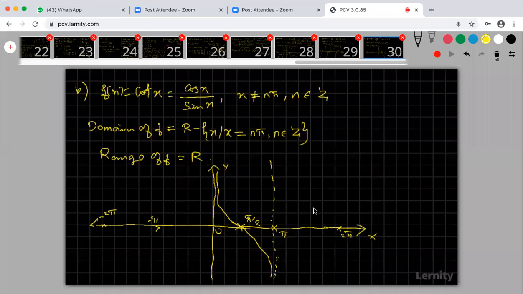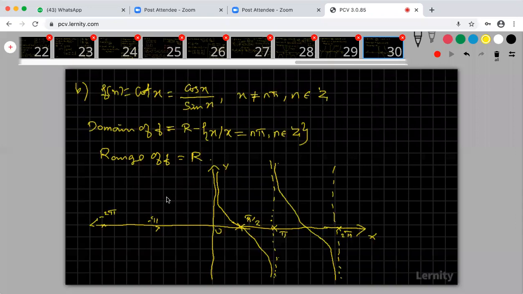Up to pi by 2, that is 0 to pi by 2, cos is positive. After pi by 2 to pi, that is the second quadrant, cos is negative. So I am getting y values as negative values. Here the values are coming like that, the graph of the function.